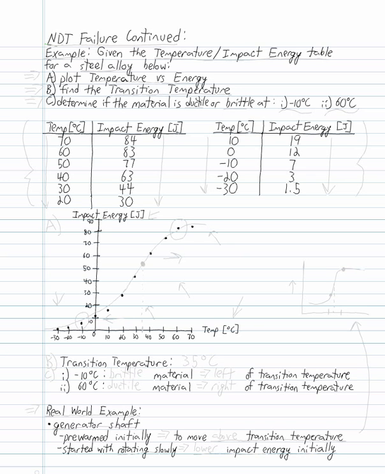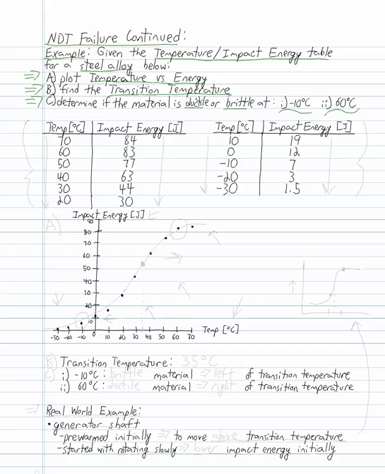We can continue our study on NDT failure by doing an example. Given the temperature impact energy table for a steel alloy below, A, plot temperature versus energy, B, find the transition temperature, and C, determine if the material is ductile or brittle at negative 10 degrees Celsius and 60 degrees Celsius.